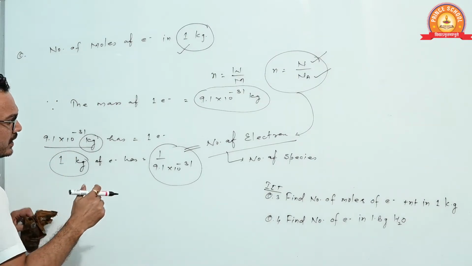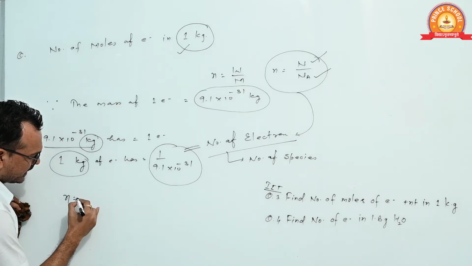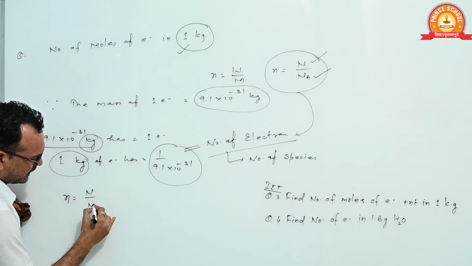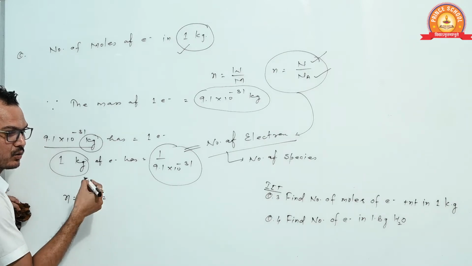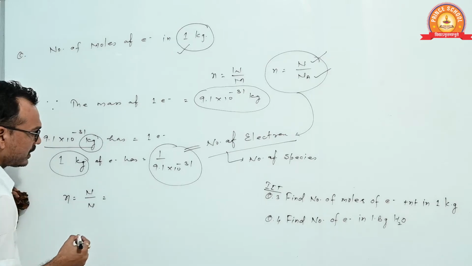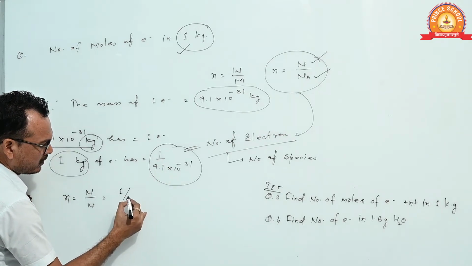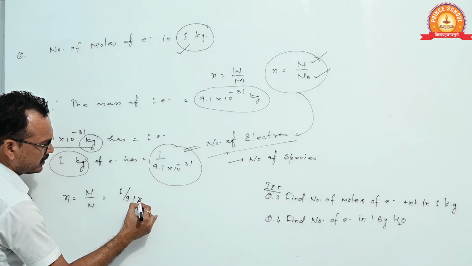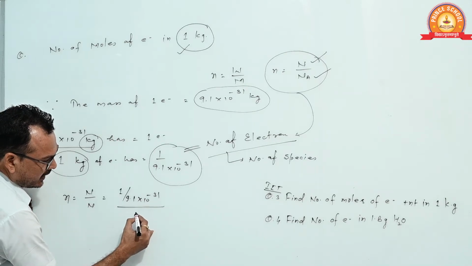Clear? Then what is the number of moles in 1 kilogram? We know that n is equal to N upon Na. What is the value of N, the number of particles? So we can say in this question the number of electrons is 1 upon 9.1 into 10 to power minus 31, divided by Na.